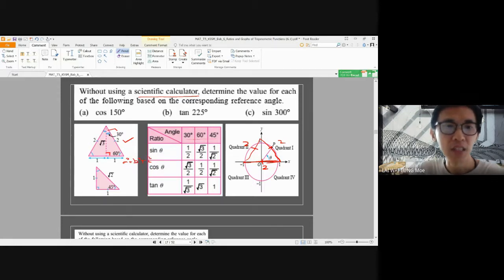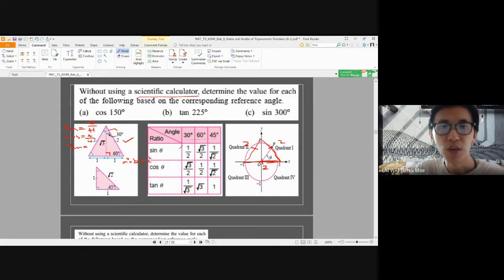And for sine, cos, tangent, you already learned the formulas before: sine is opposite over hypotenuse, and cos is adjacent over hypotenuse.